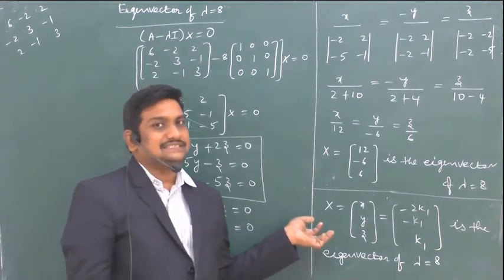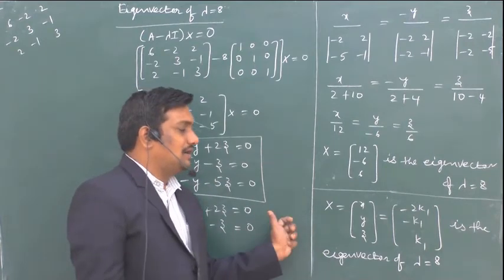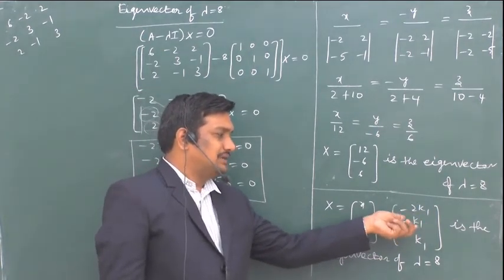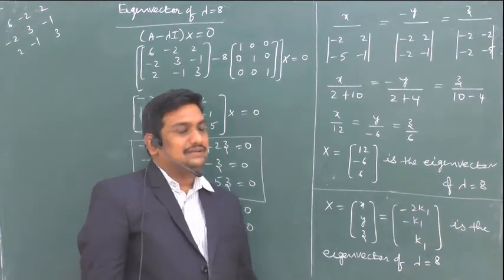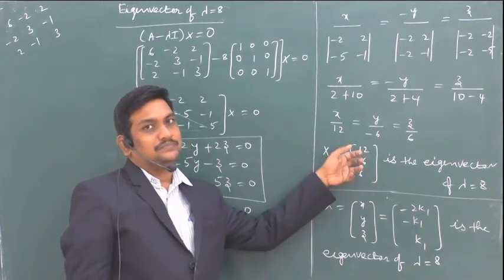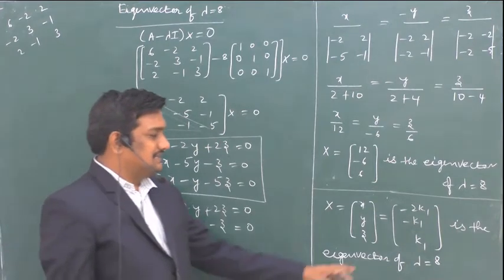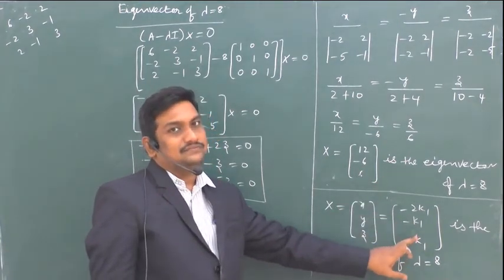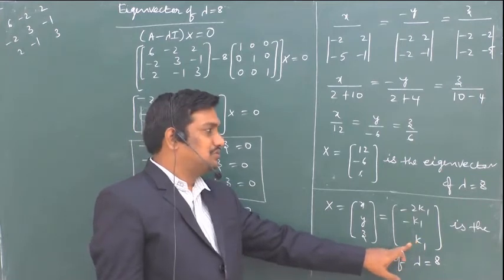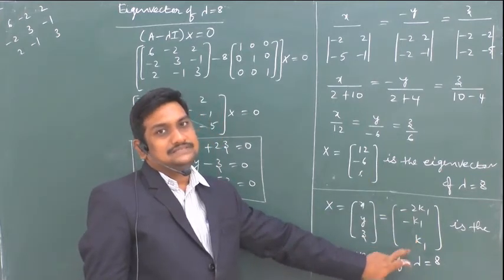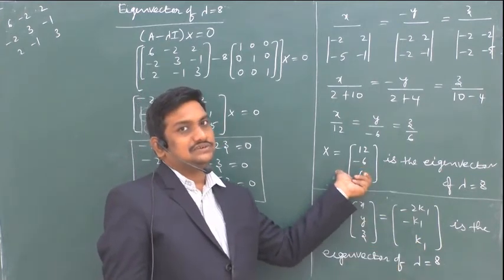In the previous approach, that is the echelon form method, you got the eigenvector as minus 2k1, minus k1, k1. So both the answers are correct. K1 can be an arbitrary constant. At some stage these two will coincide. For some k1 value, these two column matrices will coincide. Okay, so this approach is also correct.